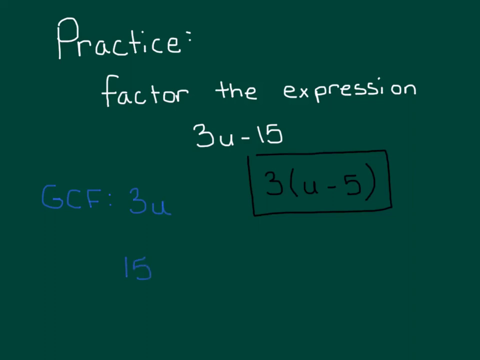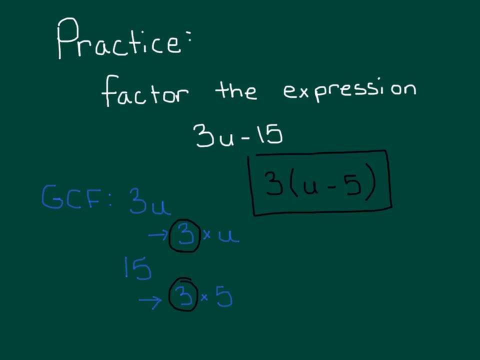Do you see that 3u is really 3 times u, and 15 is the same as 3 times 5? In this case, our GCF is going to be the 3, and everything else is our quantity.